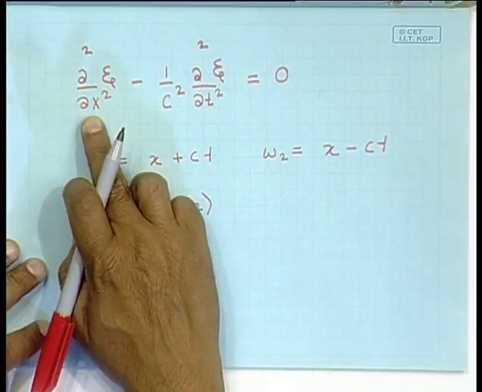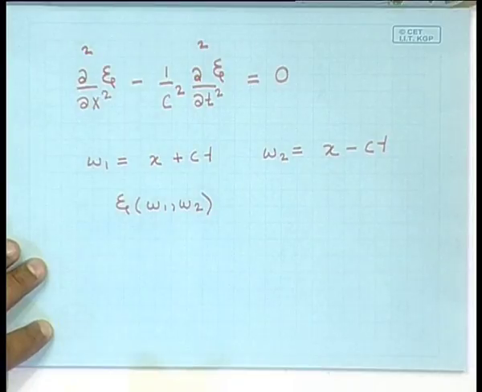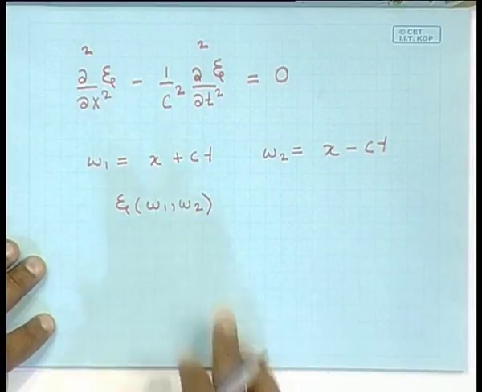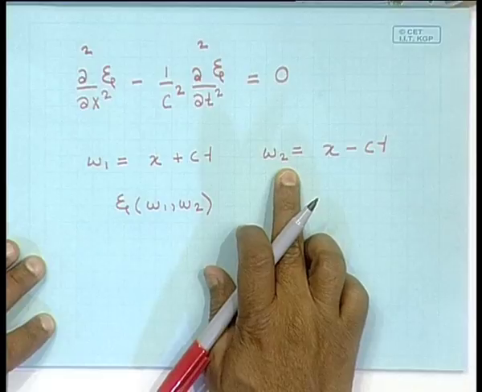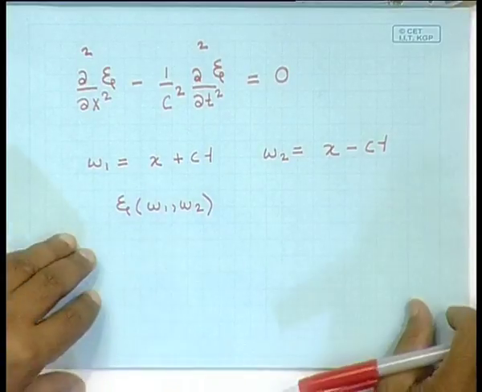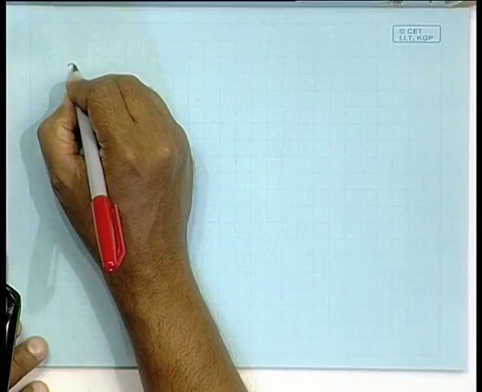So we also have to replace the derivatives with respect to x with derivatives in terms of w1 and w2. So let me work out the derivative with respect to x in terms of derivatives with respect to w1 and w2.